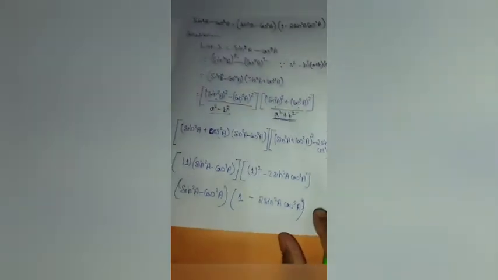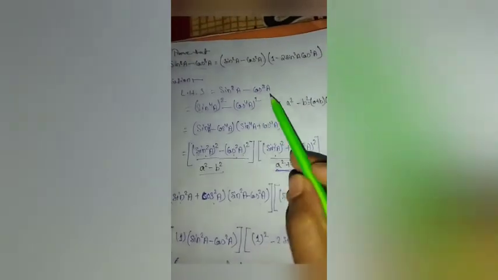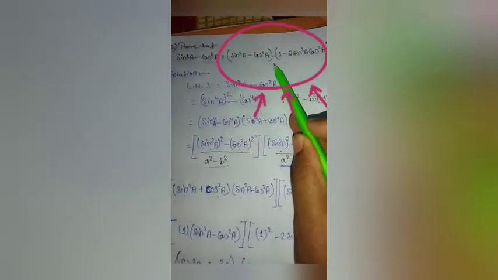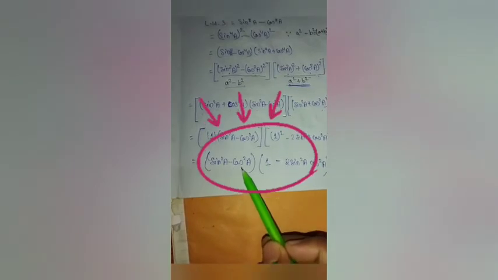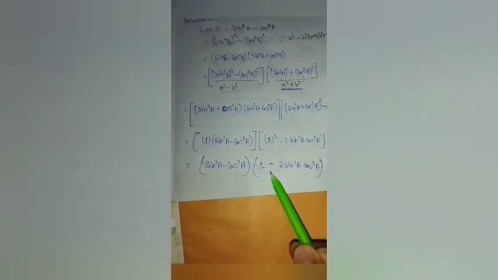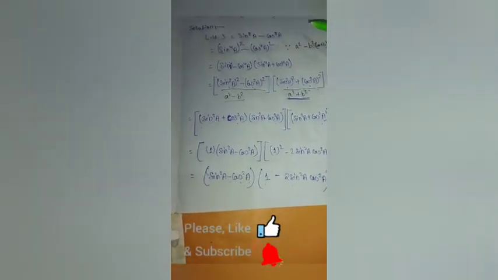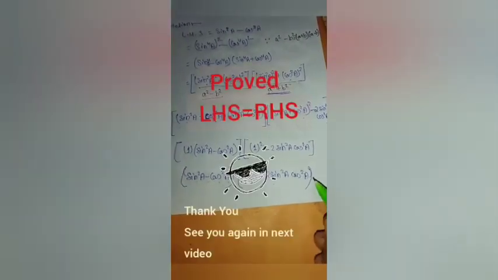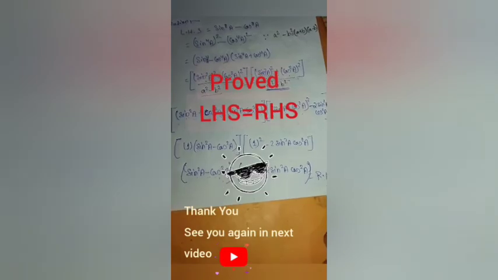Now look at the right hand side: it is (sine square a minus cos square a) whole into (1 minus 2 sine square a into cos square a). Now look at the result. Don't you think both match with each other? That means the left hand side is equal to the right hand side.